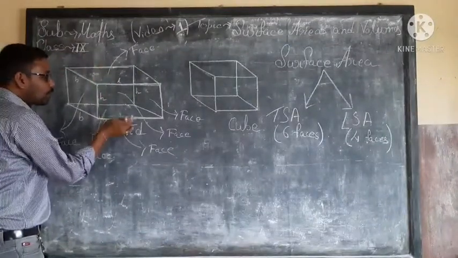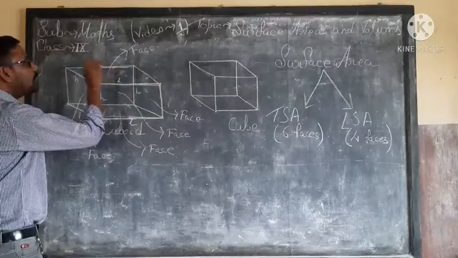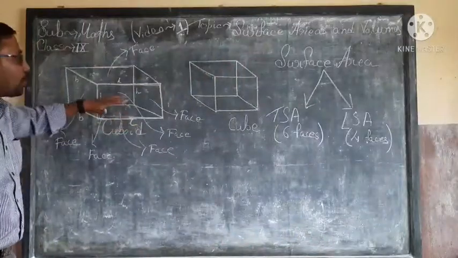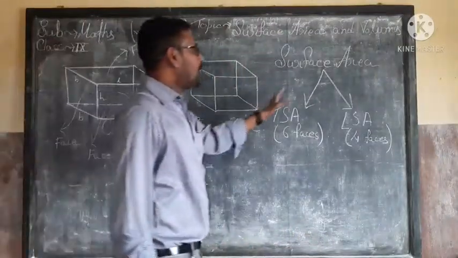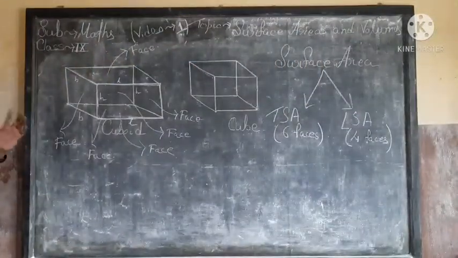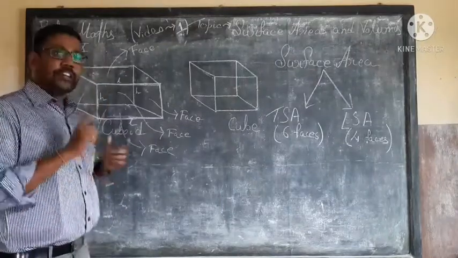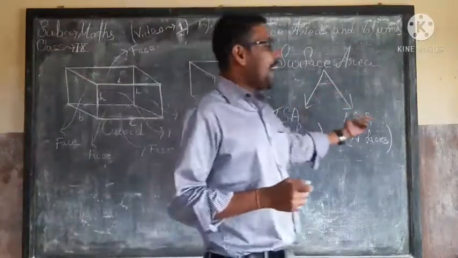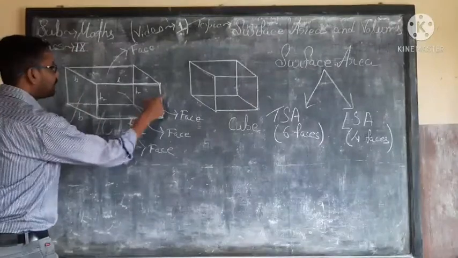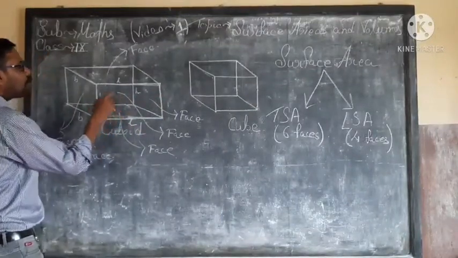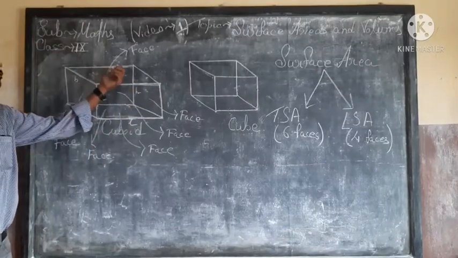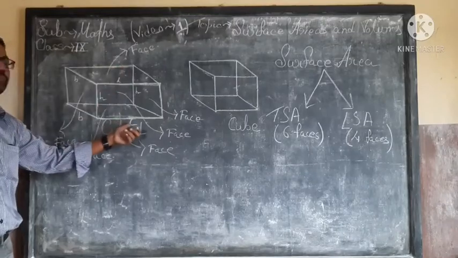We exclude the base area, the top area and the bottom area. So when we consider the total surface area for the cuboid and the cube, we consider the area of all the 6 faces. But for the lateral surface area, we only consider these 4 faces, the front face and the back face, and the 2 side faces, but exclude the top face and the bottom face or the base.